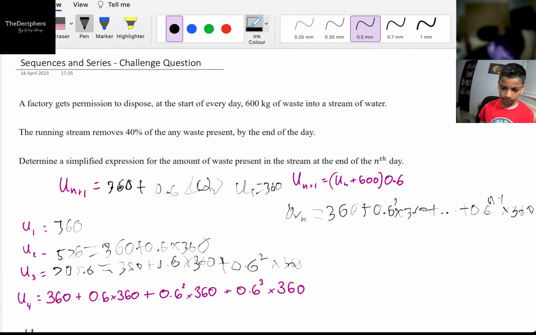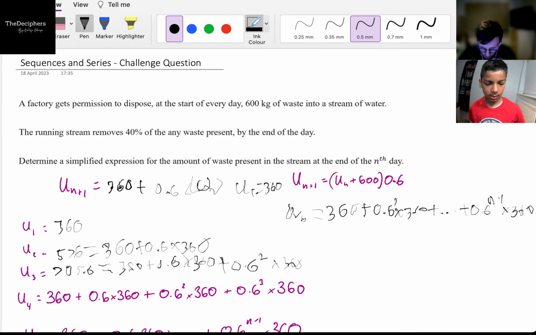Okay, so you're right, yeah, u n equals 360 plus 0.6 times 360 plus dot dot dot plus 0.6 to the n minus 1 times 360. Yeah. So then what could we do with that?